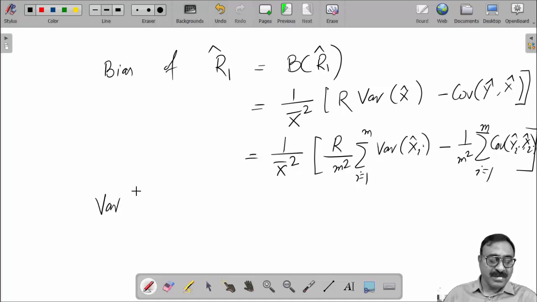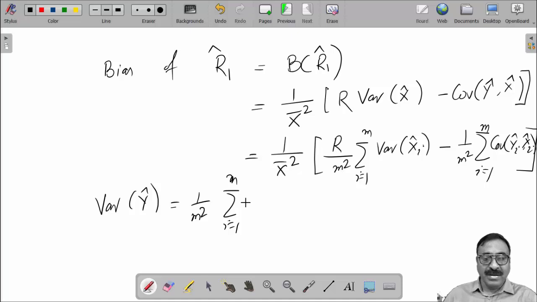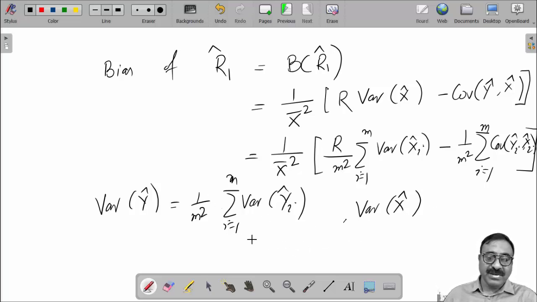Now variance of y cap is equal to 1 by m square summation i equal to 1 to m variance of yi cap. Similarly variance of x cap is also equal to the sum of the variances because the samples are independent.